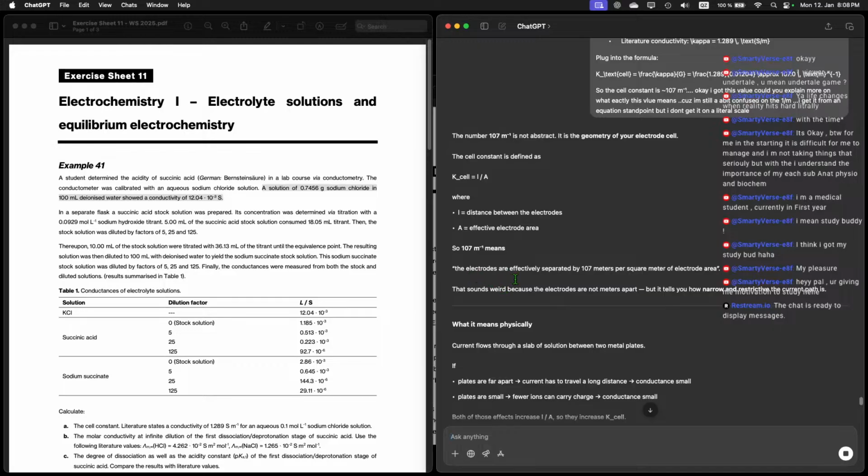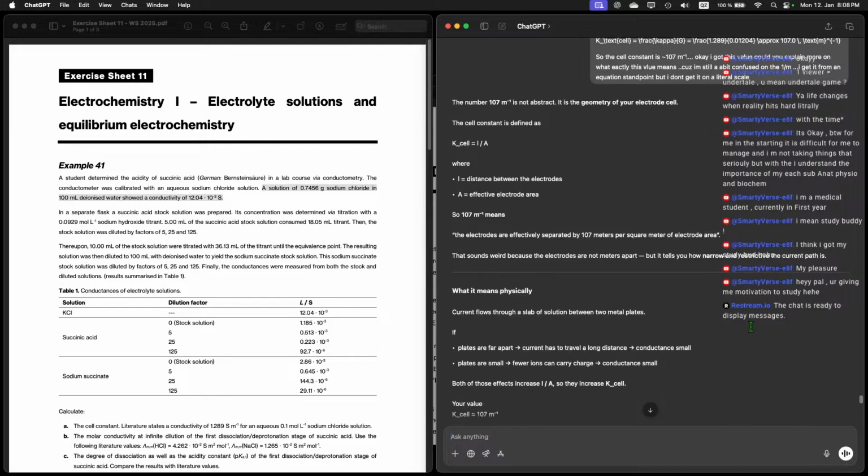The electrodes are effectively separated by 107 meters per square meter of electrode area. That sounds weird because the electrodes are not meters apart, but it tells you how narrow and restrictive the current path is. No, I don't get it.